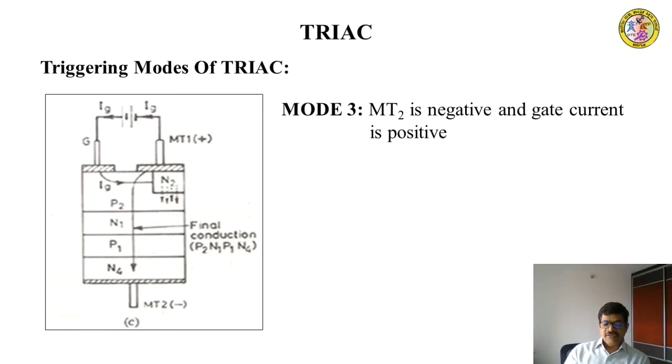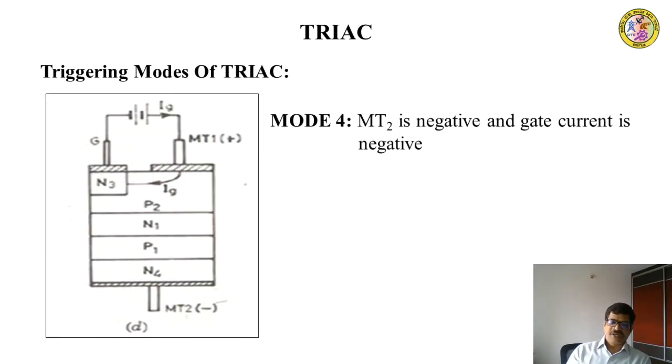Now, the device conducts through layers P2, N1, P1, N4, and the current starts increasing, which is limited by an external load. The device operates in the third quadrant in this mode. Triac in this mode is less sensitive and requires higher gate current for triggering.